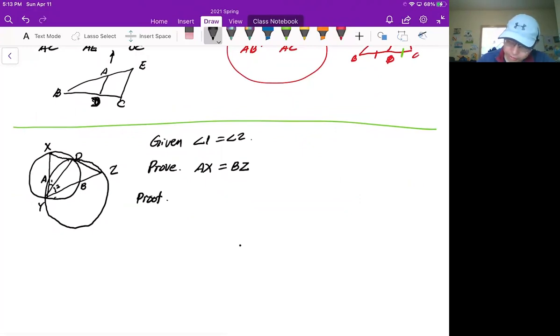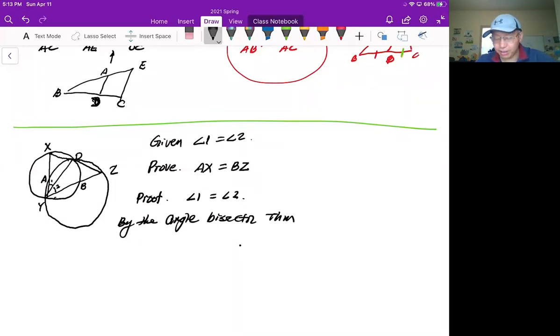Prove it just because angle 1 is equal to angle 2, by the previous theorem. So by the angle bisector theorem, I can get the following. Just look at the picture here.